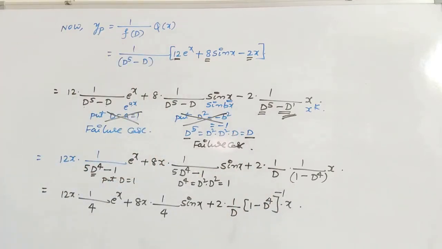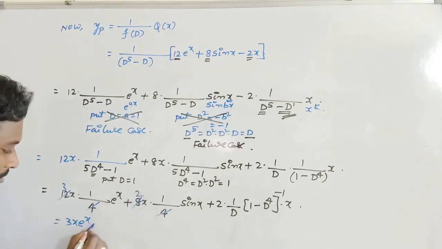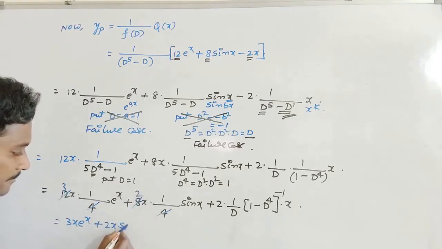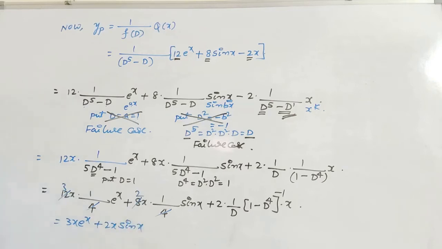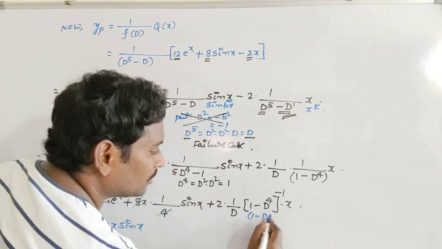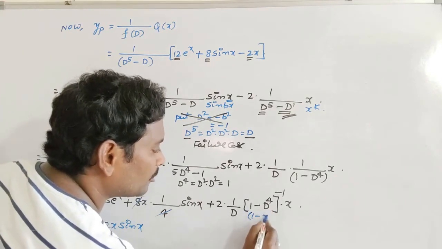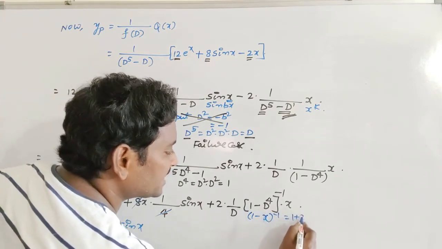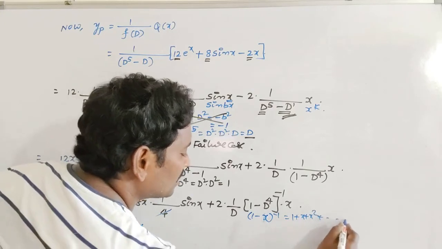Okay, see. Now, this 4 gets 3 times cancelled. So 3x e power x is the first part. Here, 2x sin x. Here we have to expand this one by using 1 by D, (1 minus x) whole power minus 1. It would be 1 plus x square plus so on.